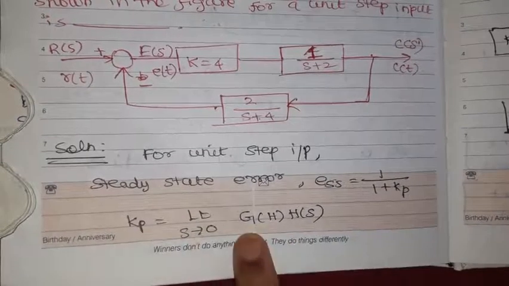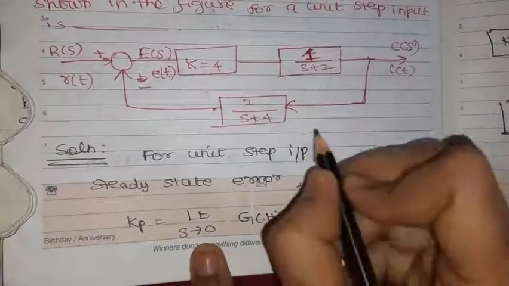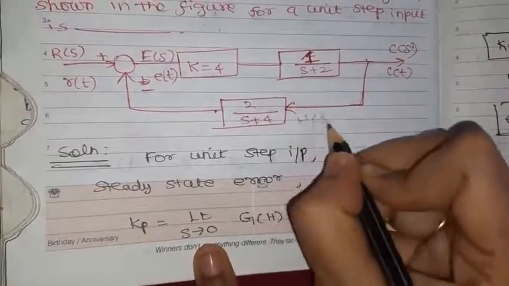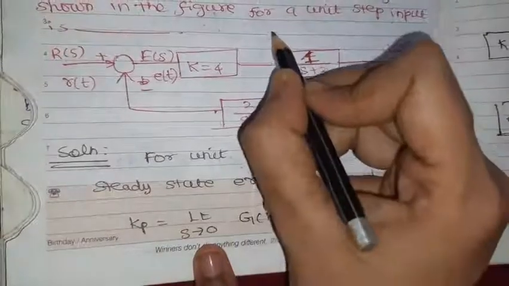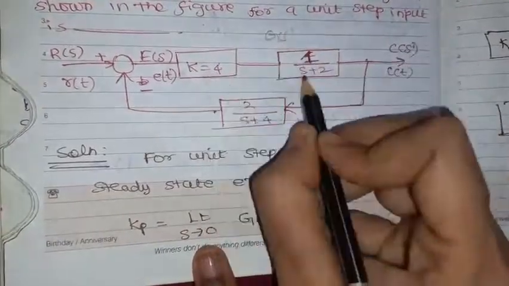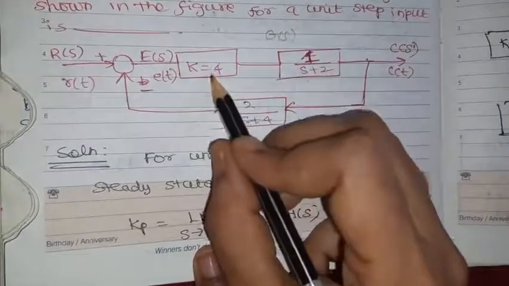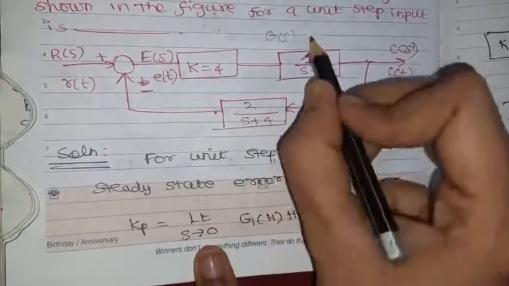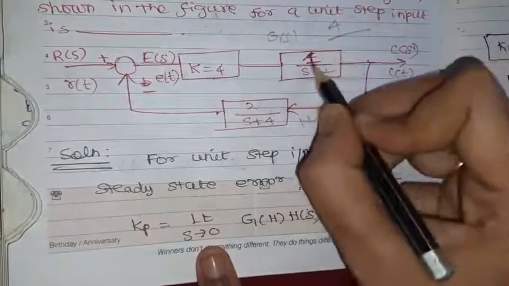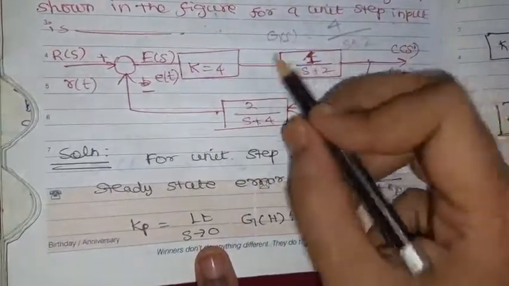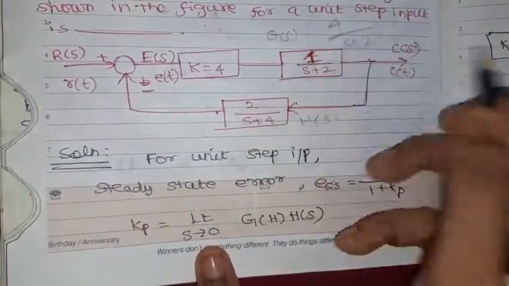See, Kp is nothing but g of s into h of s. So this is h of s value, and this is g of s value. These two are in cascade connection, so we just get a multiplication of these two. So what is G of s? 4 into 1 by s plus 2, we will get 4 divided by s plus 2.